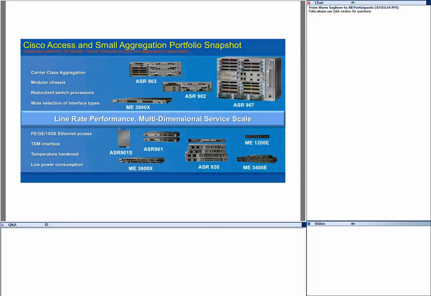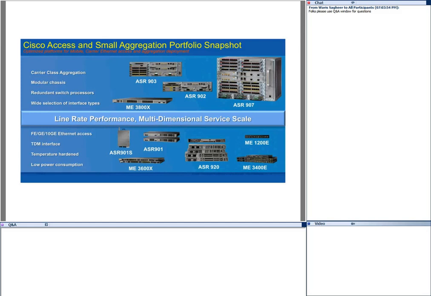Okay, so for people who are not familiar with the Cisco access and aggregation portfolio, to give you just a little background, we started off with ME3400, and then we introduced ME3600 and 3800 in the access space.